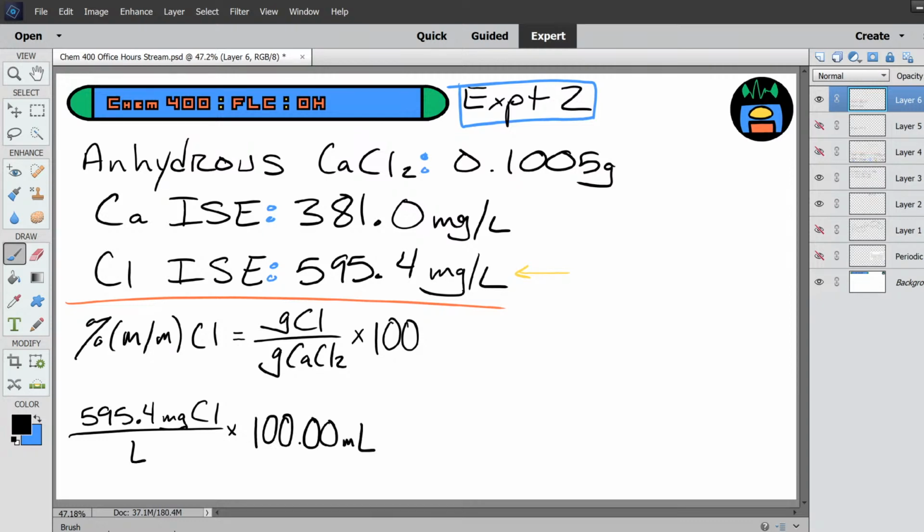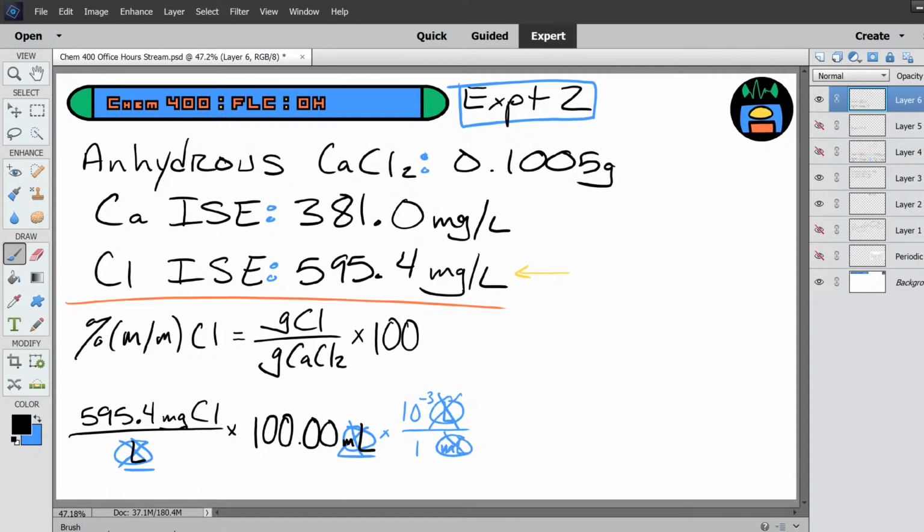All right. But again, we run into that thing where milliliters and liters do not cancel each other. So we need to convert from milliliters to liters. 1 milliliter is 10 to the negative third liters. So liters cancel and milliliters cancel.